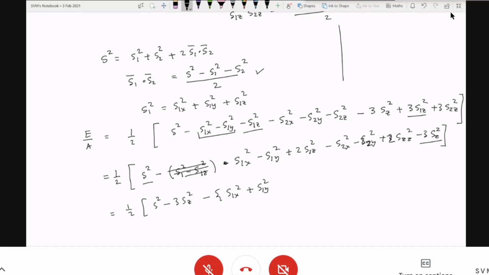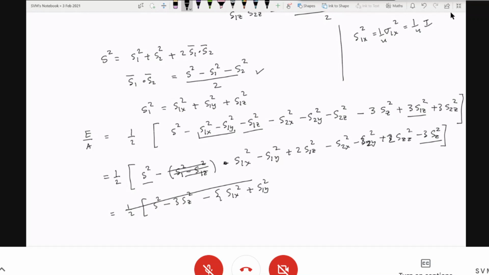So S1x is sigma 1x by 2, so its square is 1 by 4 times sigma 1x square. Sigma x square is identity. Yes, sir. So we use that one.